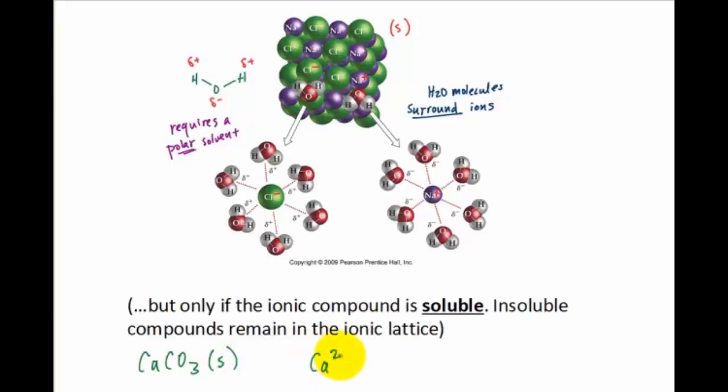Because, look at the ions, calcium 2+, carbonate 2-, in comparison to Na+ and Cl-, look at these larger charges. Those larger charges mean that the ions are more strongly attracted to each other in the solid. They have stronger ionic bonds.